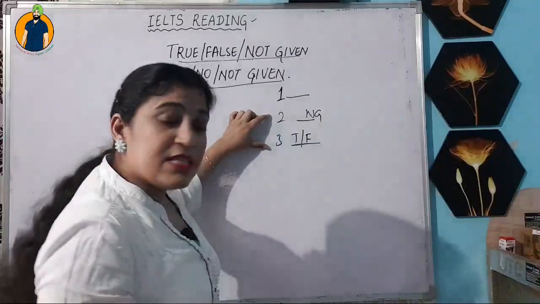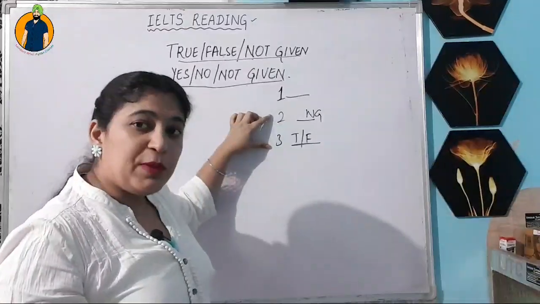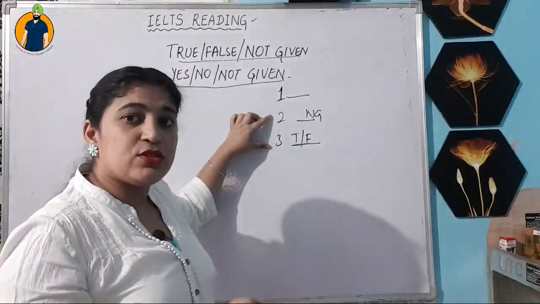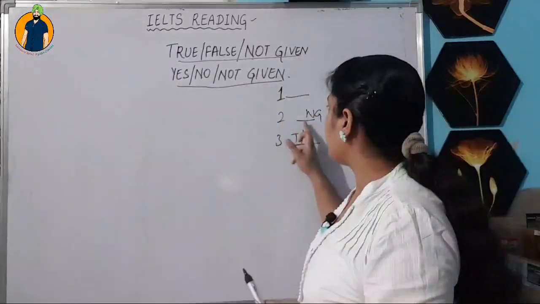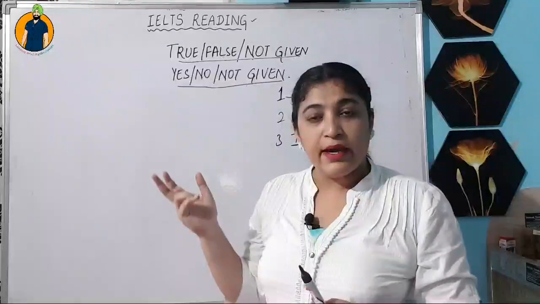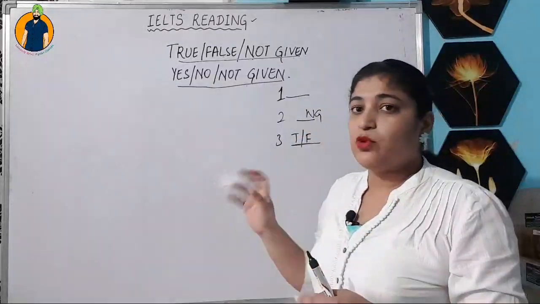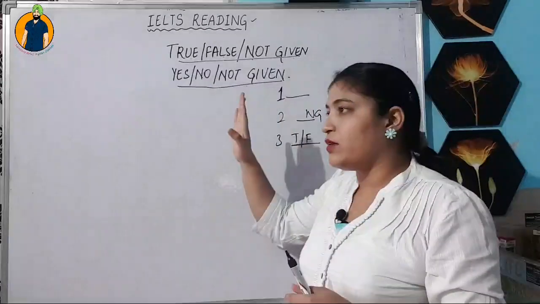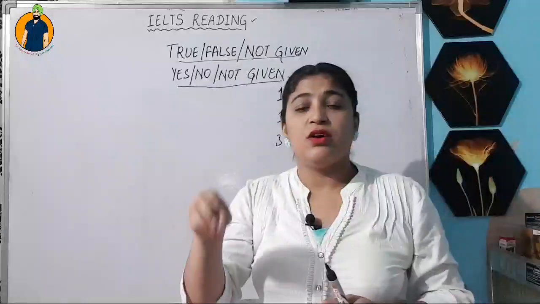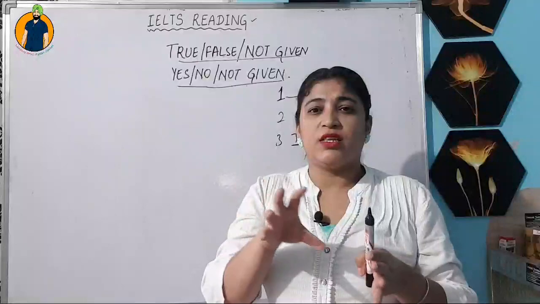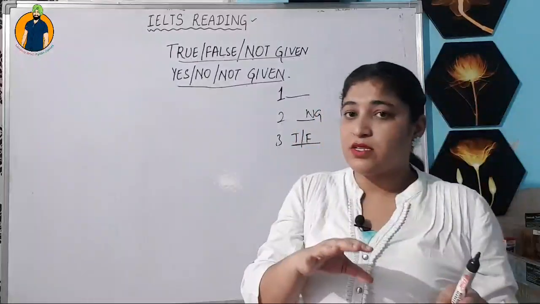If you are keeping these two questions in mind, then it will be easy for you and you can manage the time very well, because sometimes the second question is not given. Here, without wasting any time, you can get the answer that it is not given. Otherwise, you will keep getting stuck on this question, wondering whether it is given or not given.